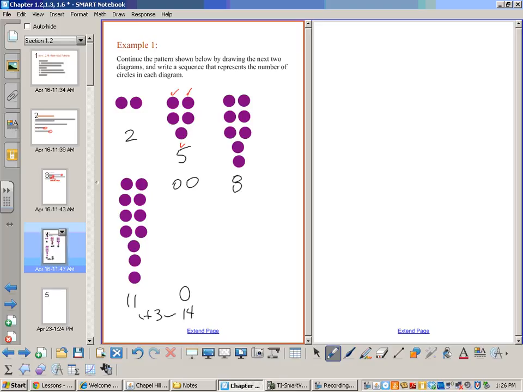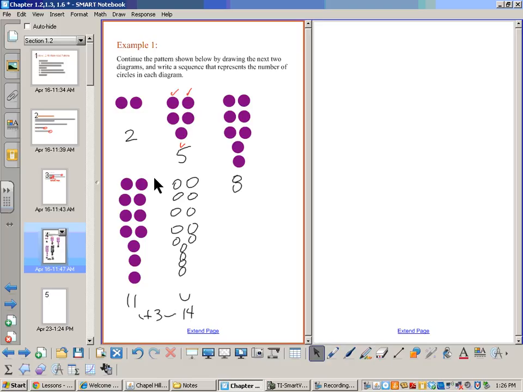So there I've continued the pattern. Okay, so we would get 14, and let's erase this one.